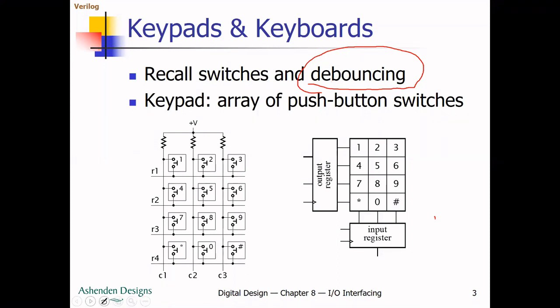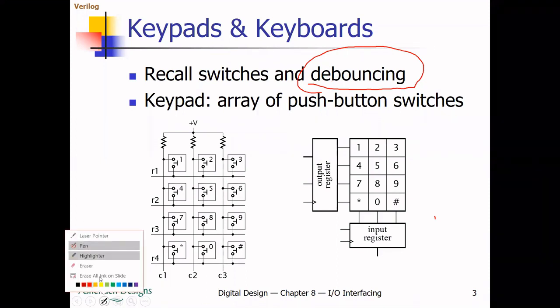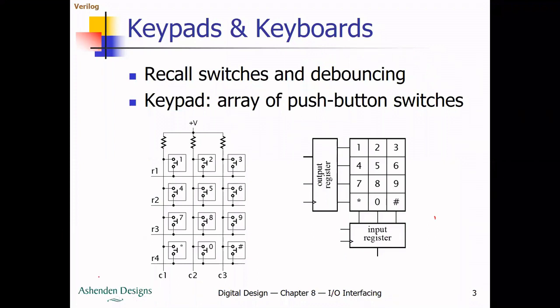Everyone, any doubt here? When they ask for 10 marks or 8 marks, what is a keypad, and explain the output register and the debounce effect in a keypad, explain in detail. You should be able to explain the input register, output register, and how a keypad works.